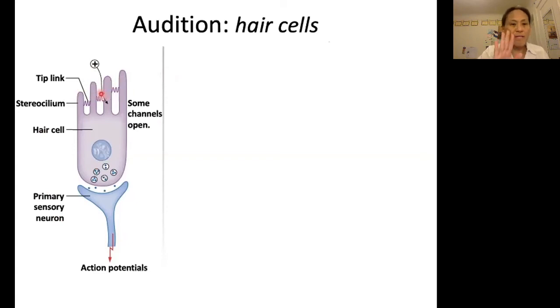When the hair cell is not activated, when it's at rest, some of these mechanically gated ion channels are going to be open, and we're going to get some neurotransmitter release from the hair cell, okay? Now remember that we have our tectorial membrane lying on top of these stereocilia. When we have vibration in the cochlea, that's going to vibrate the tectorial membrane, and it's going to move these stereocilia, like this.